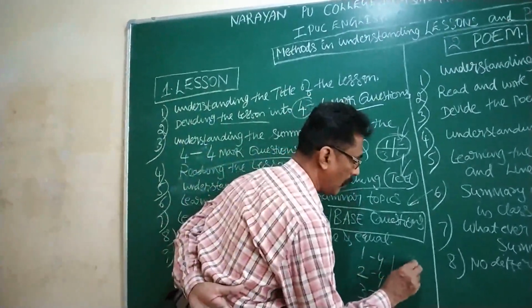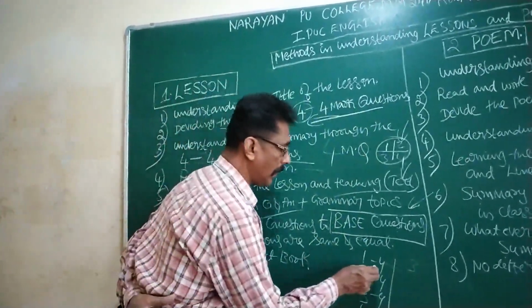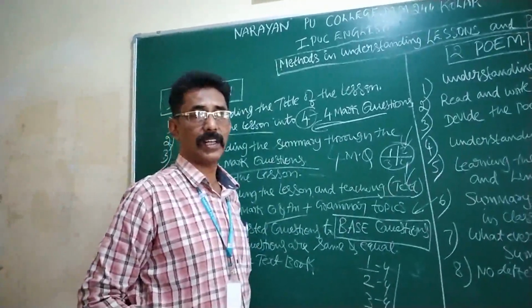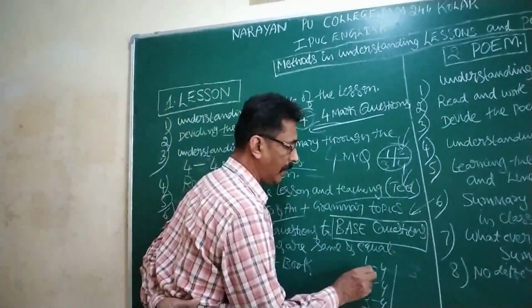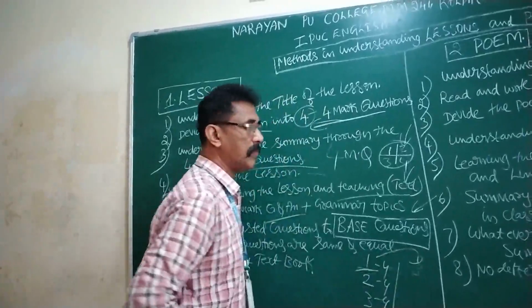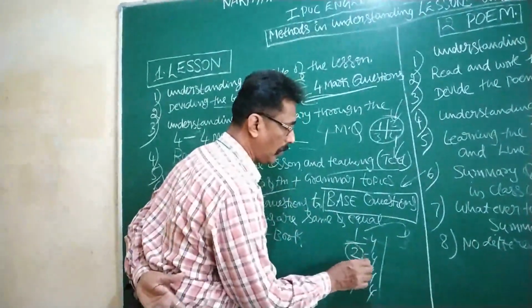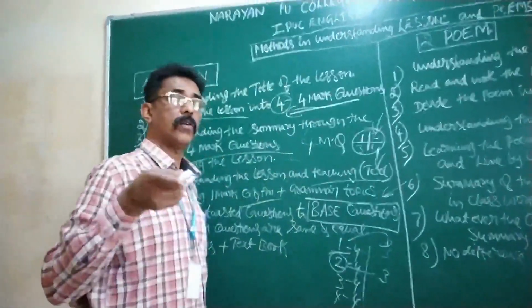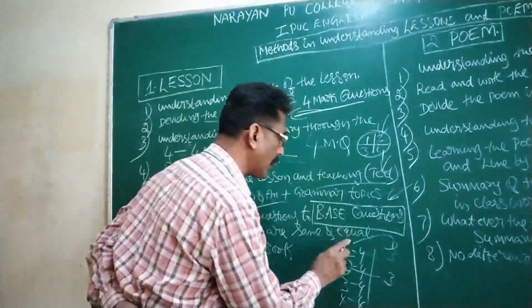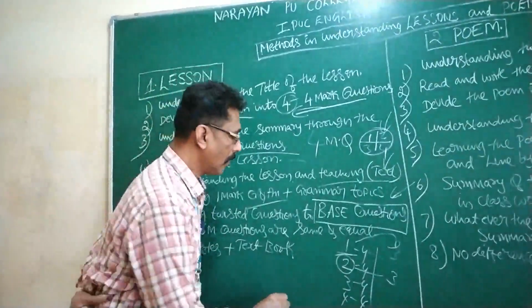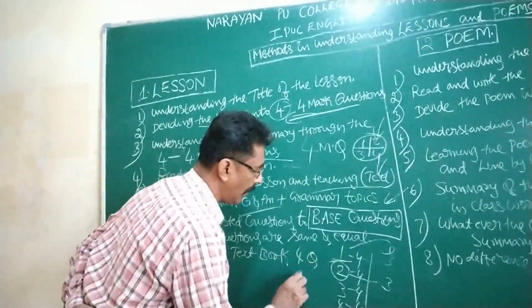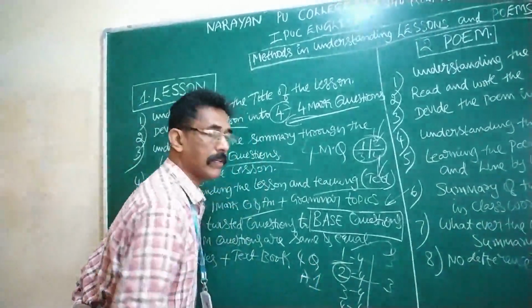You must know 3 more 4-mark questions for each base 4-mark question. For question number 1, there must be 3 more 4-mark questions. For question number 2, you must know 3 more 4-mark questions for that particular question. That means 4 questions, answer is 1.